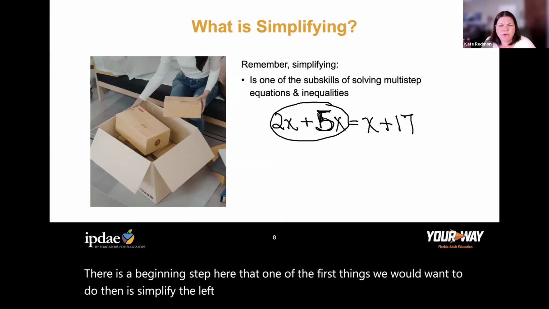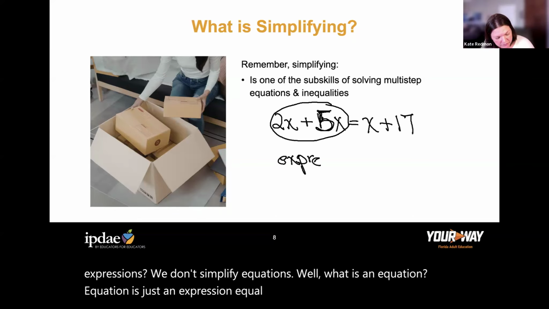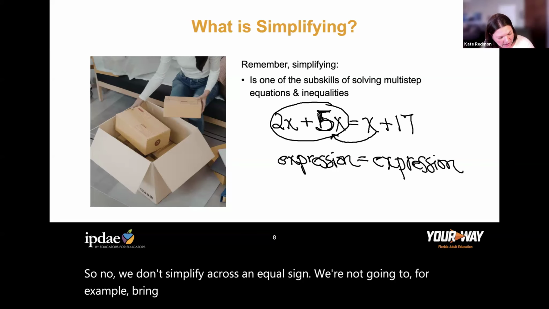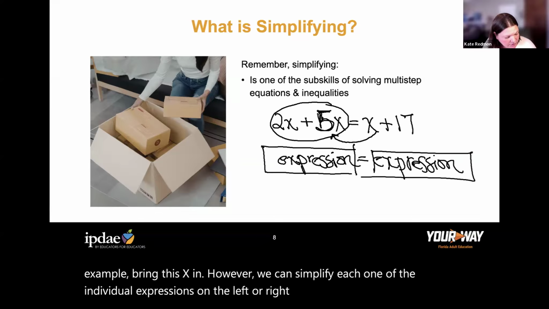And I said we simplify expressions, we don't simplify equations. Well, what is an equation? An equation is just an expression equal to another expression. So no, we don't simplify across an equal sign. We're not going to, for example, bring this x in. However, we can simplify each one of the individual expressions on the left or right hand side separately, if possible.